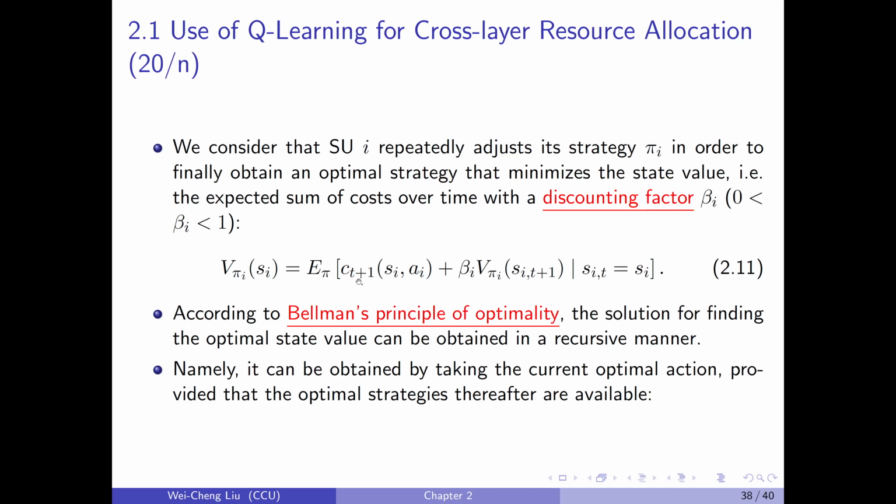And in the bracket, the first term is c_{t+1}, the cost function at time instance t+1, and this is a function of s_i and a_i, where a_i is the action of secondary user i, plus beta_i, the discounting factor, times V^pi_i(s_{i,t+1}).